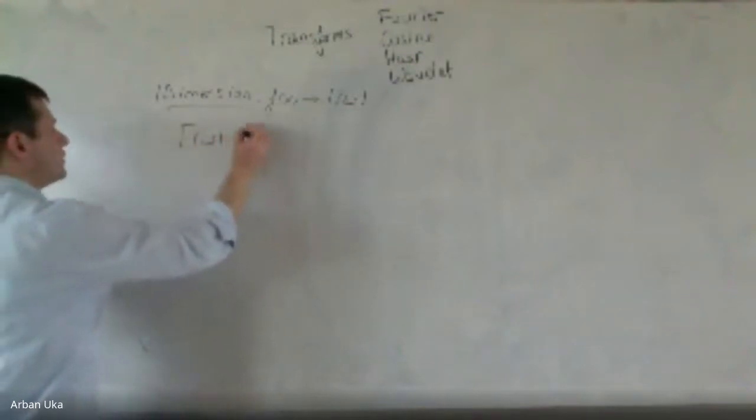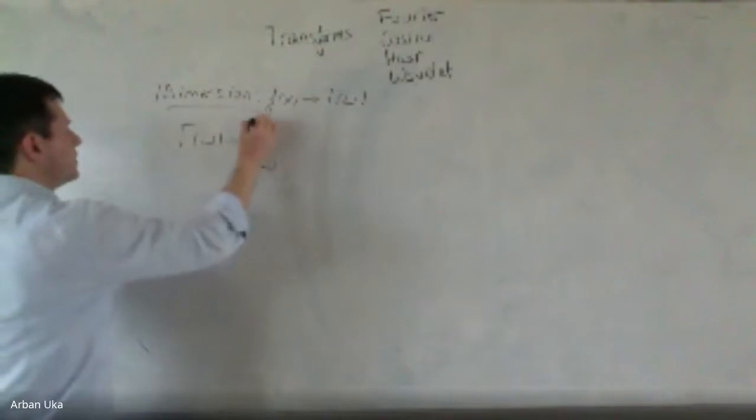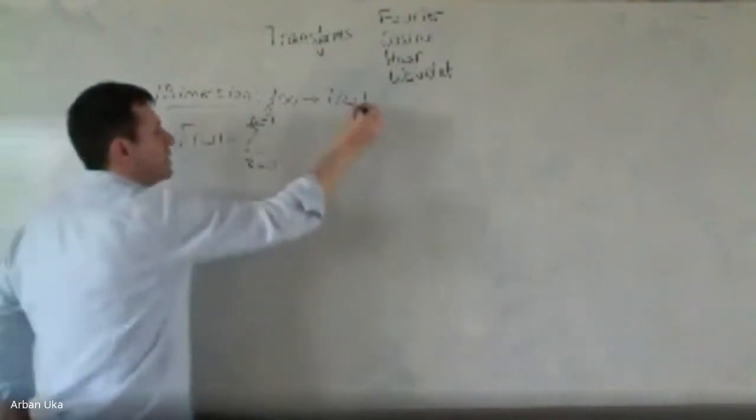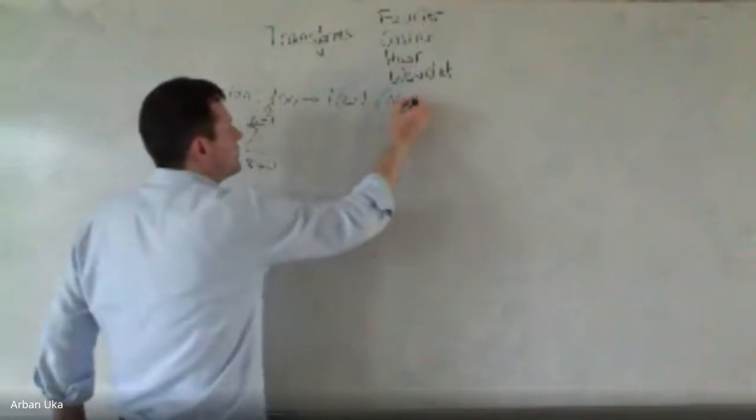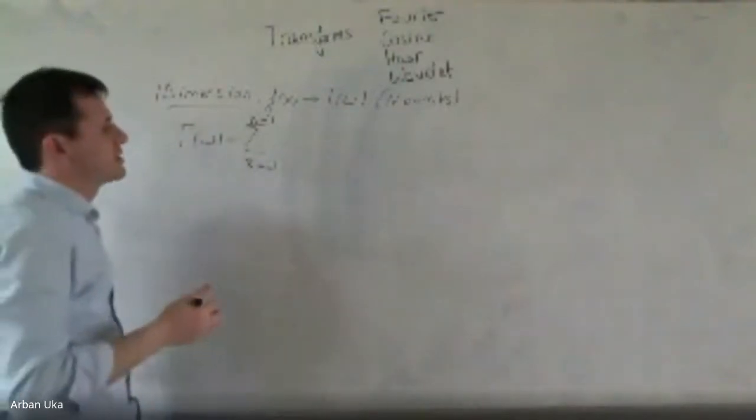This is equal to the summation of some terms from x equal to 0 to n minus 1. And we are assuming here that we have n points. So this function is discrete with a specific sampling rate.